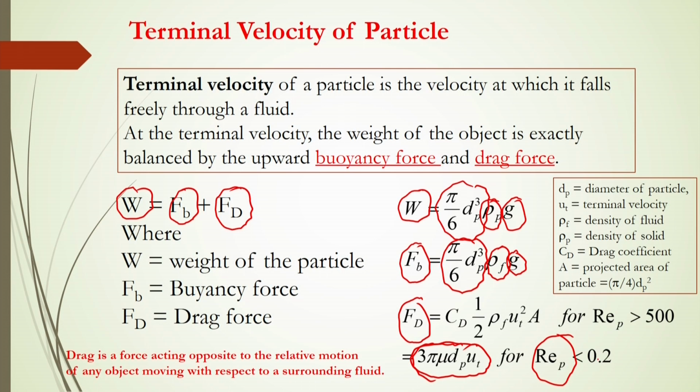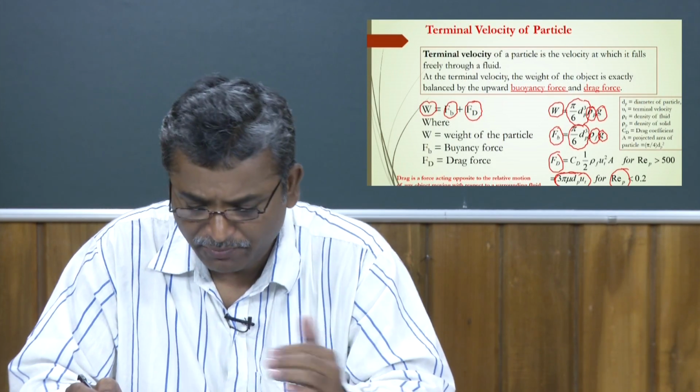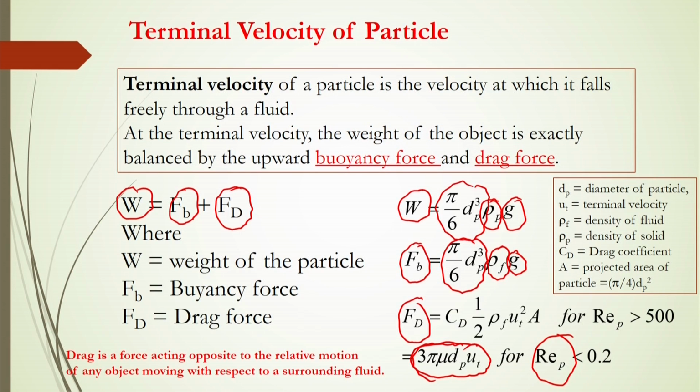Now, suppose the Reynolds number is greater than 0.2, or generally, as Levenspiel told, if it is greater than 500, then the drag force will be calculated differently. Here the drag force is directly related to the kinetic energy of the fluid moving under this terminal velocity.